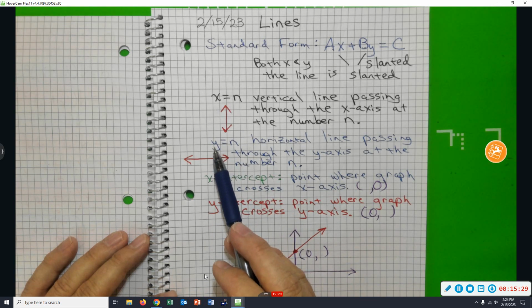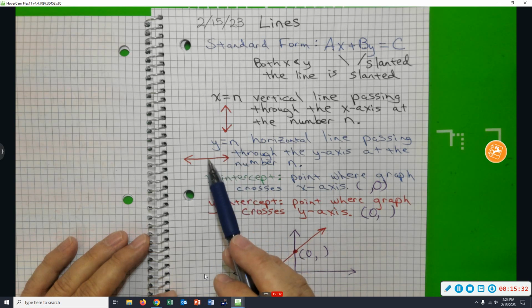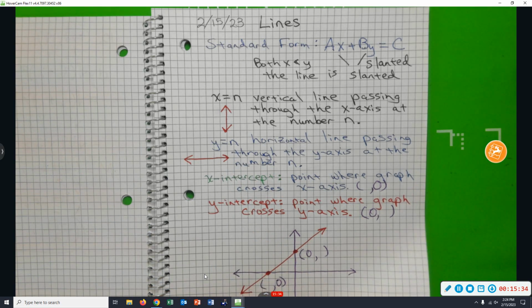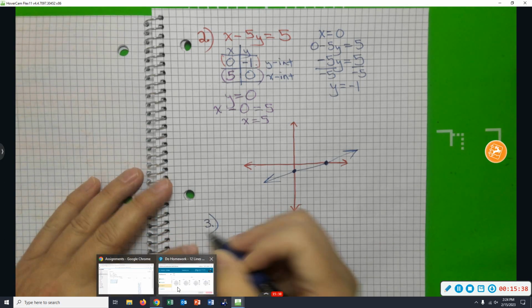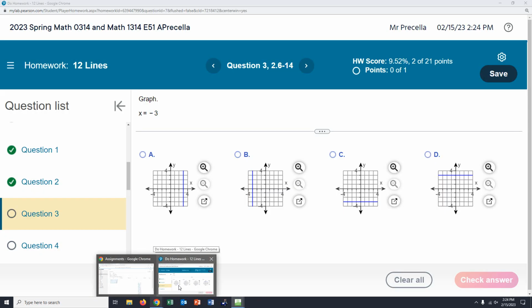If you can write it in the form y equals a number, it's a horizontal line. So, this is number 3. The equation is x equals negative 3.